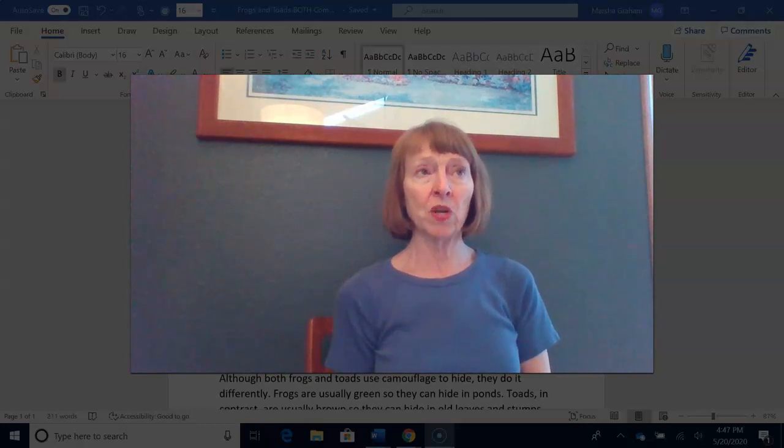Well, authors of nonfiction also use the text structure, compare how things are similar, and contrast how things are different when writing. So readers, today we will look at a new way authors might organize their nonfiction text.